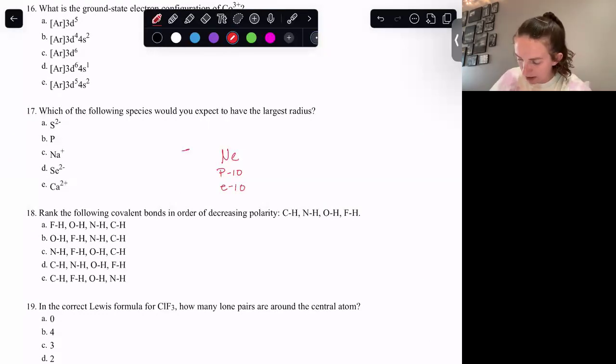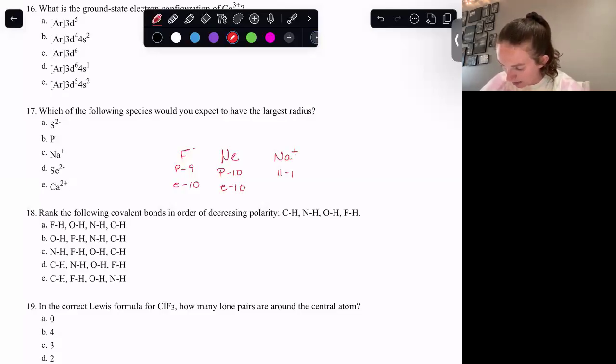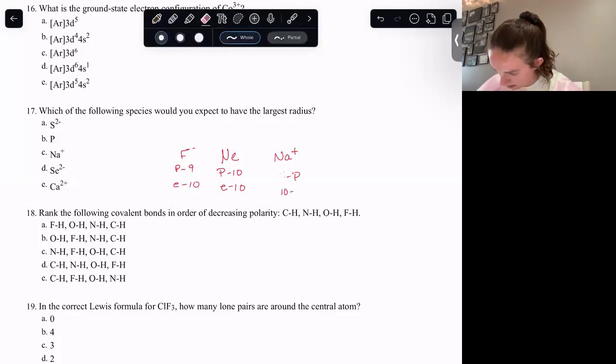If we look at fluorine minus, this has 9 protons and 10 electrons. And if we look at sodium plus, we have 11 protons and we have 10 electrons. Oh, I wrote that backwards.